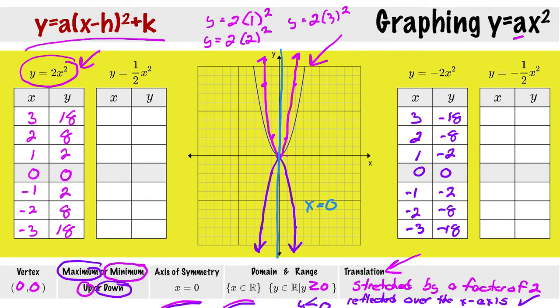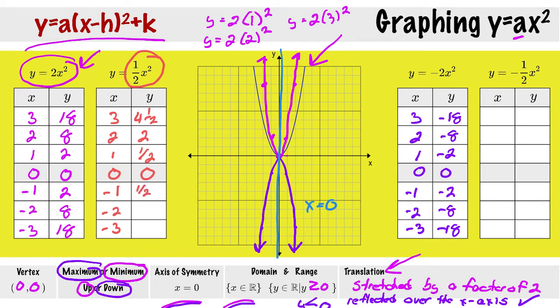When we're looking at 1/2 of x squared, again we will use the same values, 1, 2, 3, and step it back. It's still 0, 0. 1/2 of 1 squared is 1/2. 2 squared is 4, 1/2 of 4 is 2. 3 squared is 9, 1/2 of 9 is 4.5.